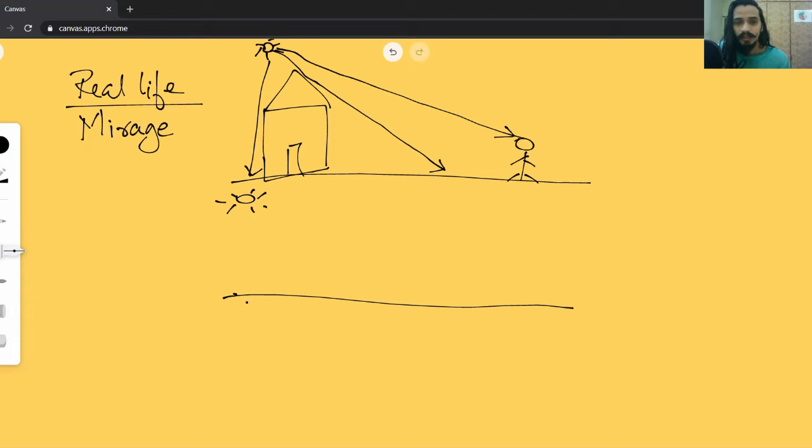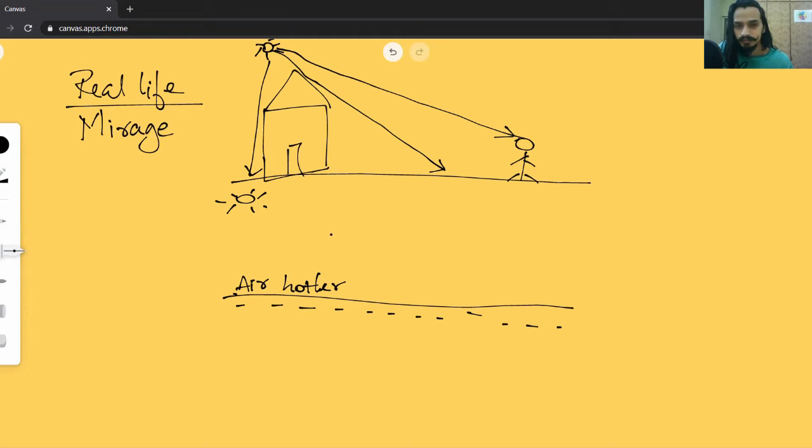Now, you know that roads are black and they hold a lot of heat. So all of these roads gather heat, and the air just above the road becomes very hot. Air is hotter close to the road, close to the surface, because it is absorbing more heat.